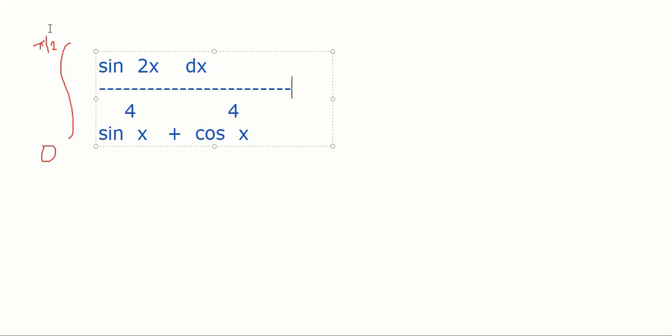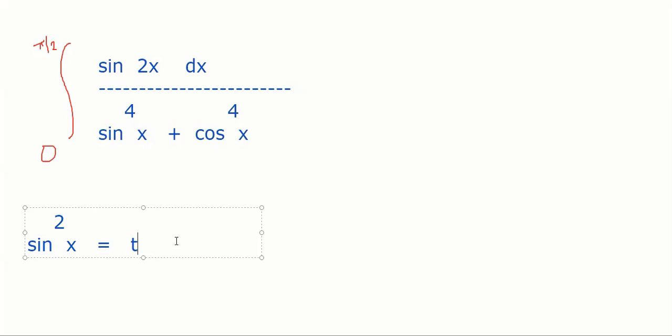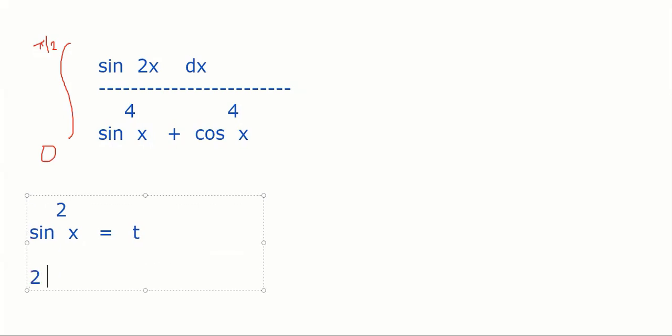What if we do it like this? Suppose we say sin square x equal to t. Tell me, if sin square x equals t, what will happen? If we differentiate, when you differentiate both sides, what is going to happen? Sin square x will give first 2 sin x into cos x dx.